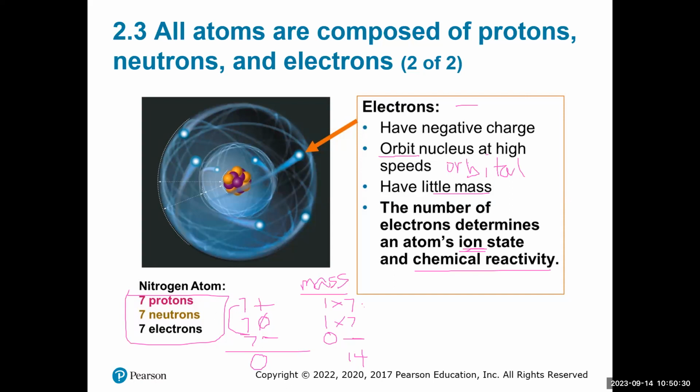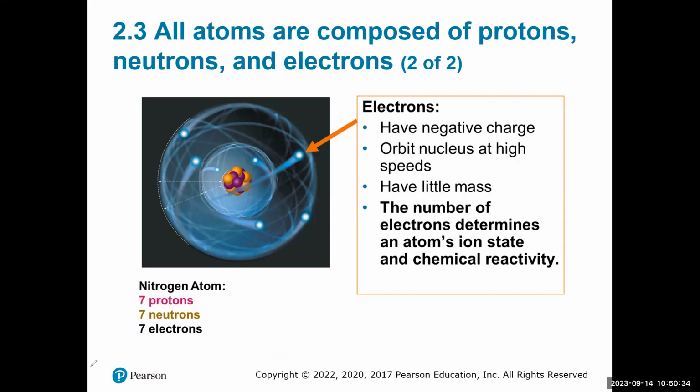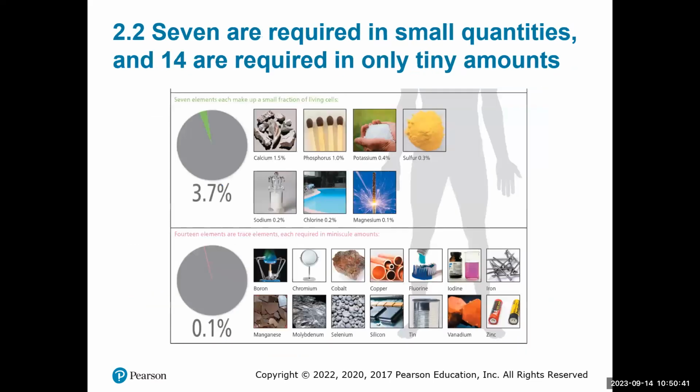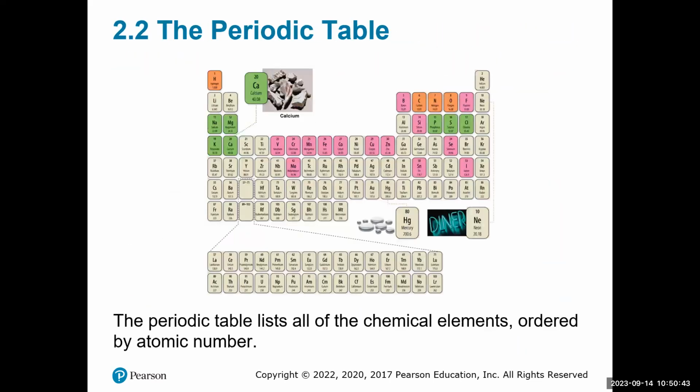If we go back to the periodic table, here's nitrogen. 7 is the atomic number at the top, and the number down here, the mass, is 14.